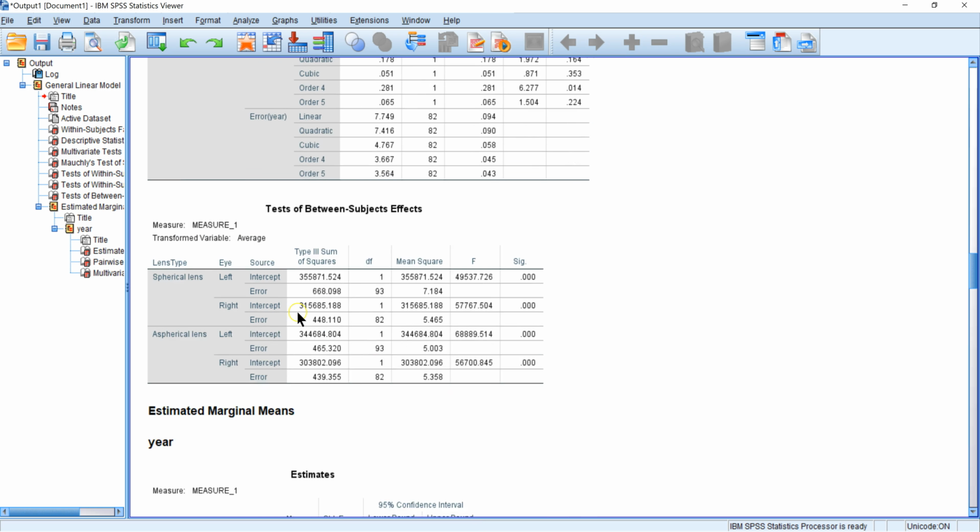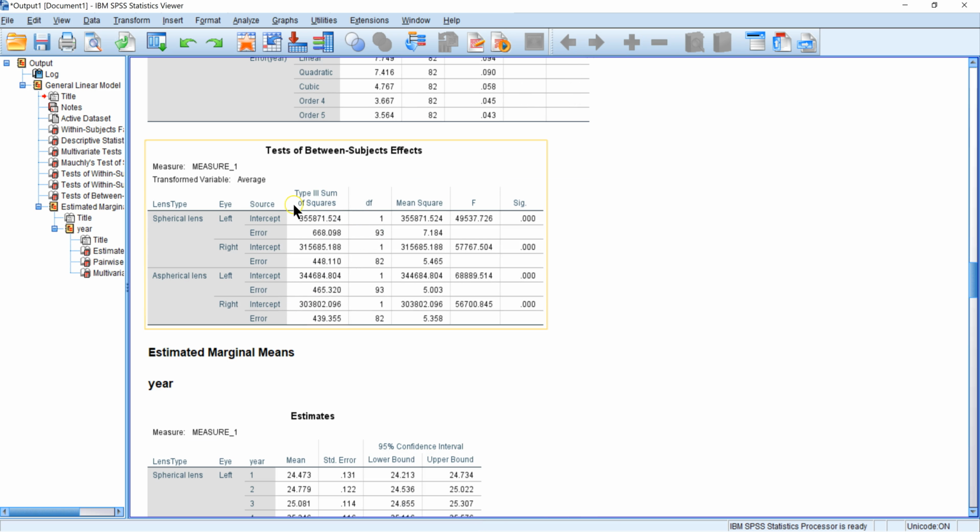Really the only other thing that we have here, tested between subjects effects, there's just the intercept. Remember we said that the between subject before, we had between subjects and the value was in here, like lens type was up here.